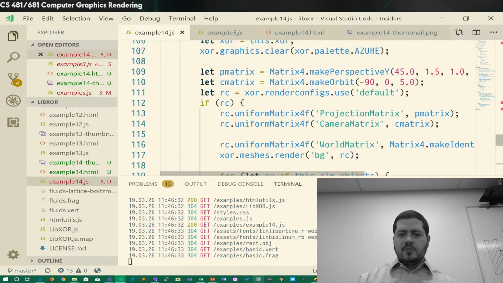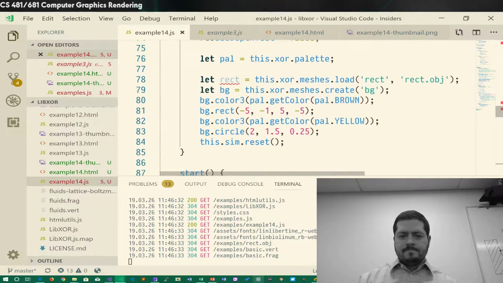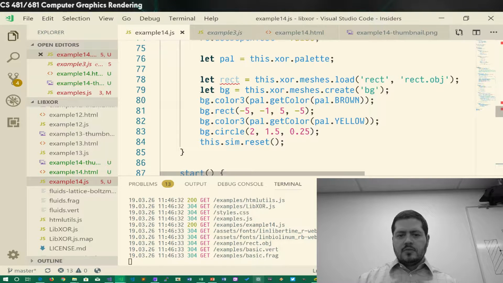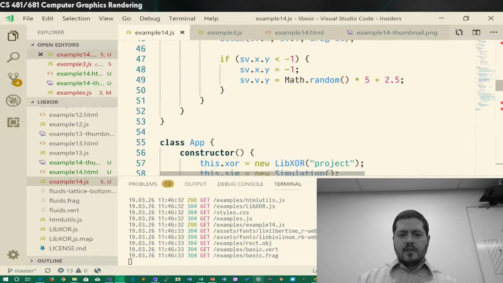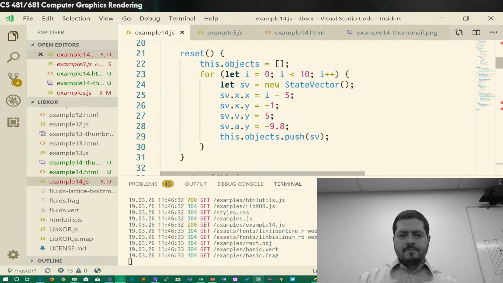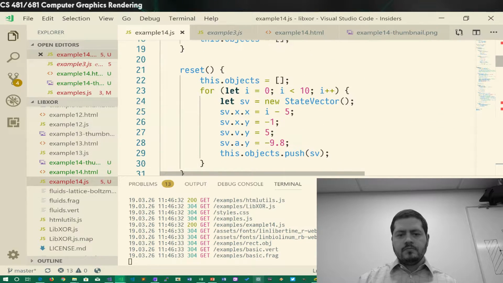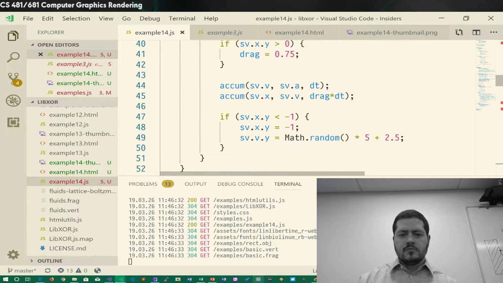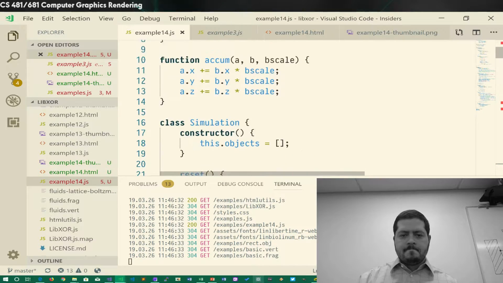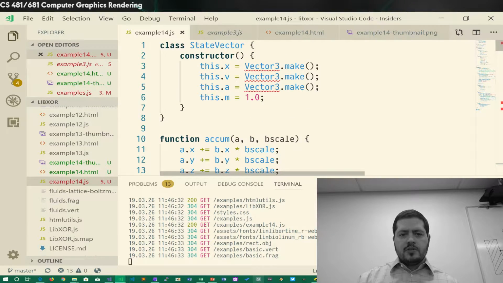So the two things that we want to draw are, so we have a rectangle there. I guess we can keep the sun in the background. New simulation. In this case, I just want 2 state vectors.